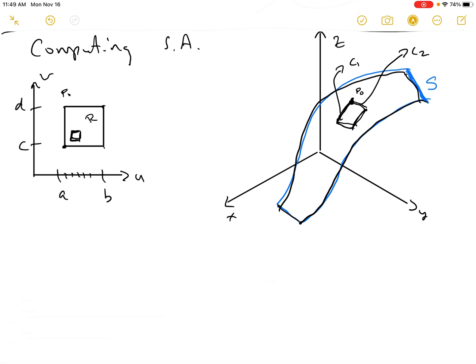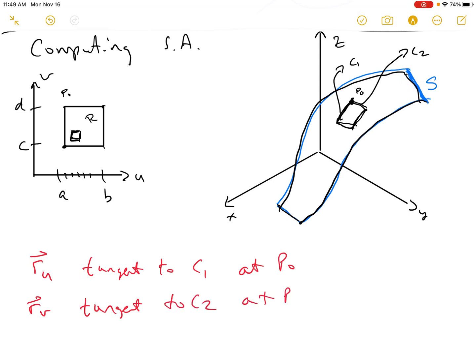So what we do is we take a partial vector r sub u, tangent to C1 at P0, and we take a partial vector with respect to v, tangent to C2 at P0, okay? So this is what it looks like.